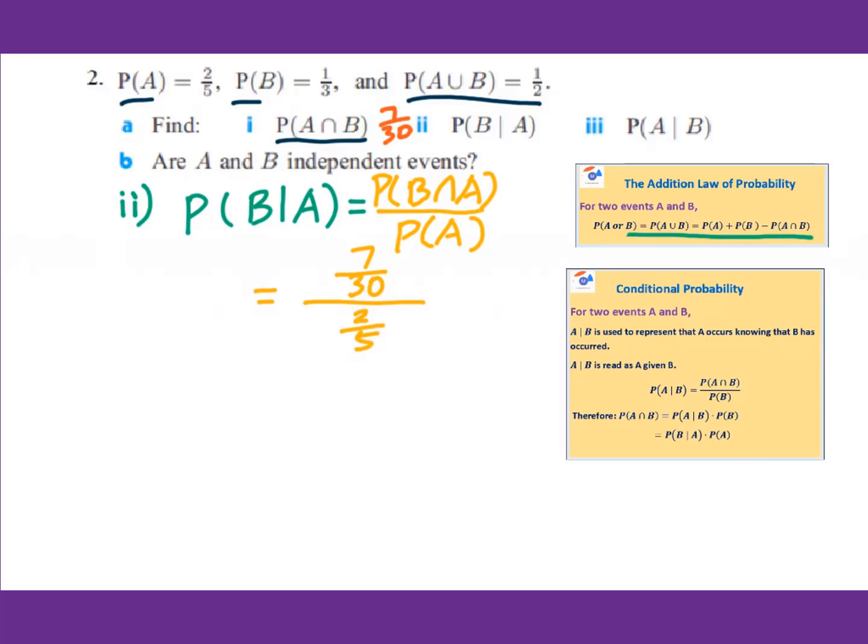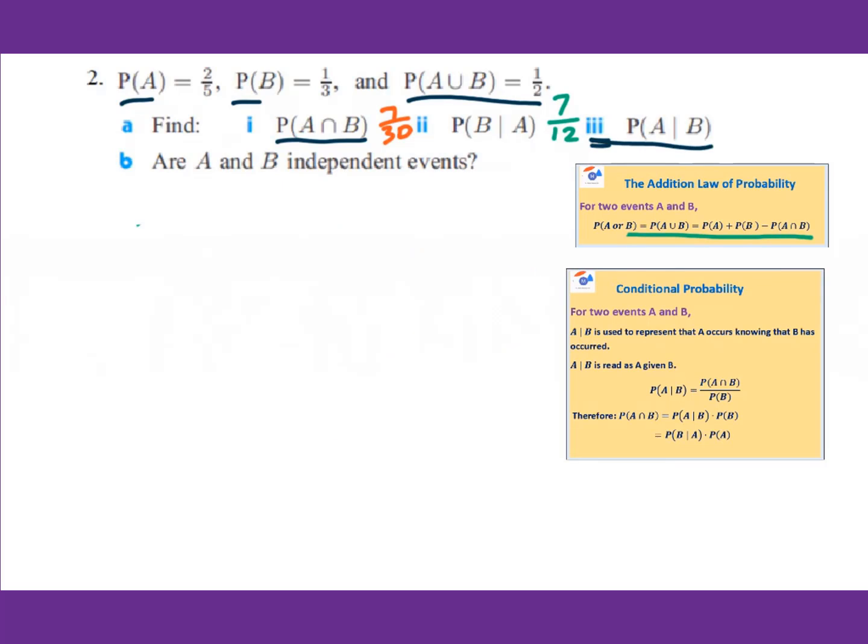This is a complex fraction. Denominator jump. So you get 7 times 5, the denominator will be 30 times 2. Reduce by 5, here's 6. So we have 7 over 12.